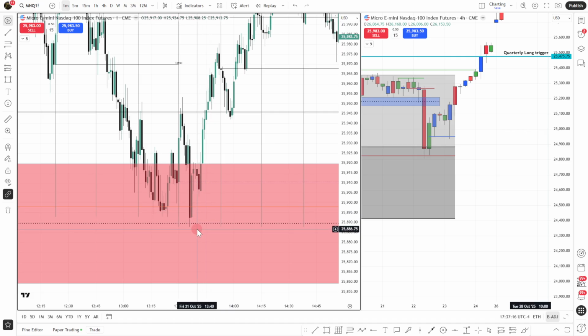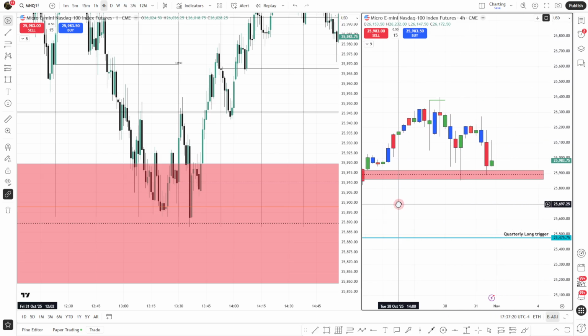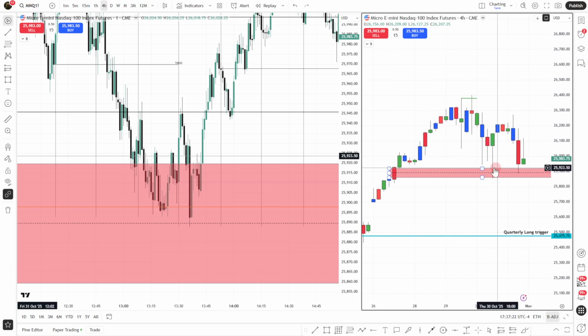Like I want to see this be a protected low. Like if we're going to react off of a fair value gap, which we've already shown reaction from, yeah, we kind of swept through it, but really look at how far up the candle body closed. So basically it hit this and buyers were stepping in.